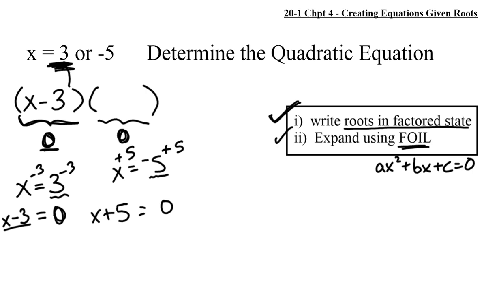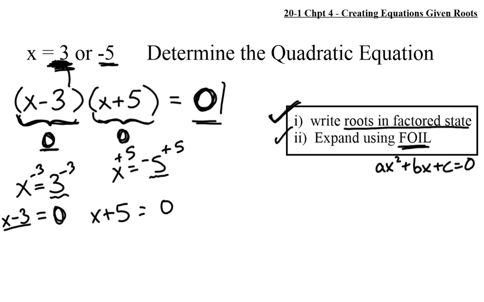X plus 5 is the factored state that gave us our 0. So how do we end up with this equation equal to 0? If X were 3, that means we started with X minus 3. If X was -5, we started with X plus 5.